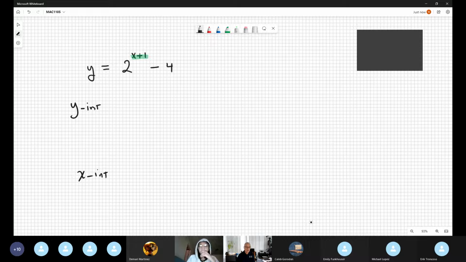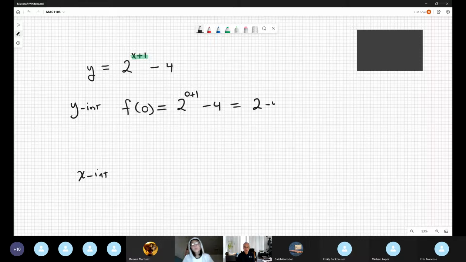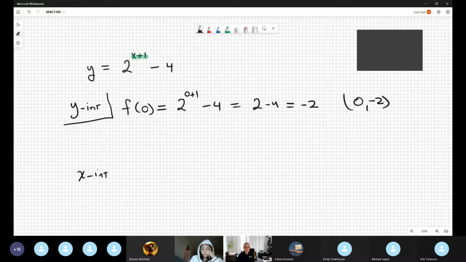Yes. Okay. We evaluate the function at 0, no? It's equivalent to say 2 to the 0 plus 1, minus 4. 0 plus 1 is 1, 2 to the 1 power is 2, and 2 minus 4 is -2. Therefore, the famous point is the point 0, -2. And this is the y-intercept. Cool?